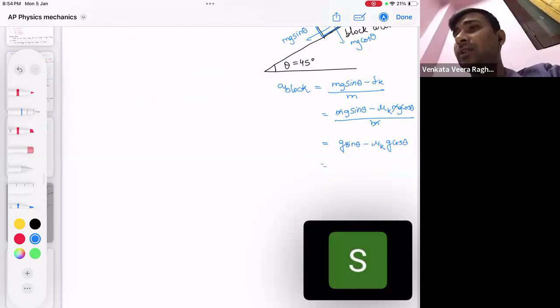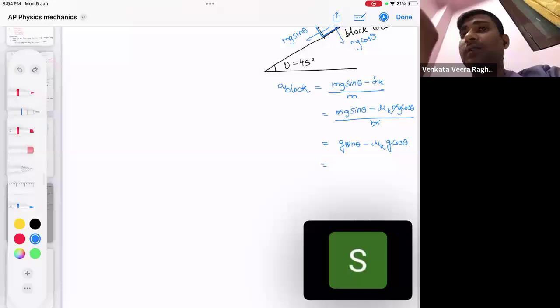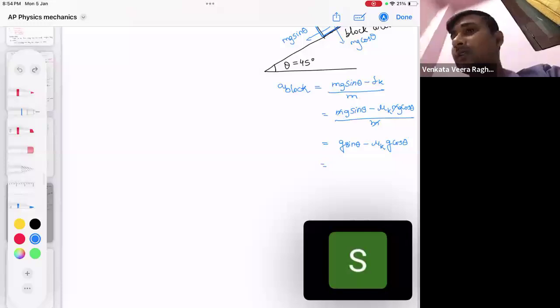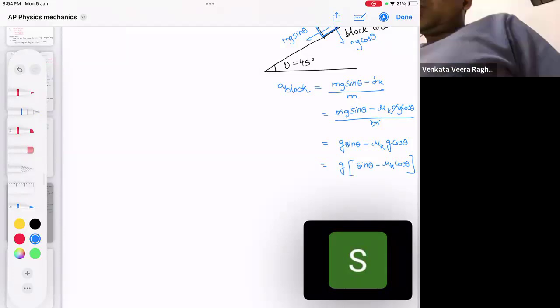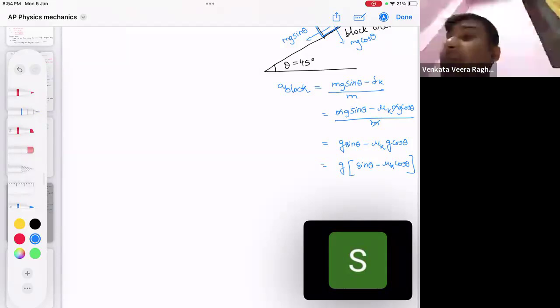Or you can take the g common. What do you have? Sin theta minus mu k cos theta. So if a block is sliding on an inclined plane, the acceleration of the block is going to be g common, sin theta minus mu cos theta.